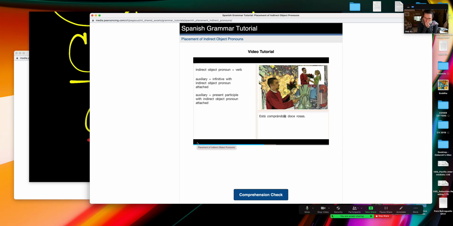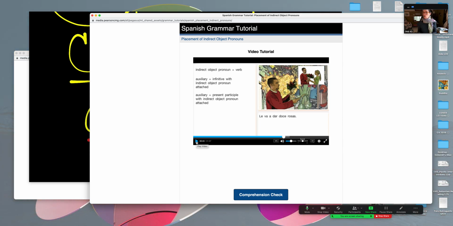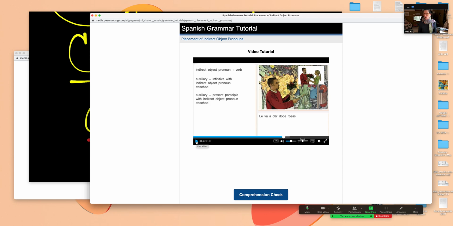Attaching the pronoun to the infinitive or present participle is optional. The indirect object pronoun can also be placed just before the compound verb. So that reminded me about the optional. It is true, and a lot of my students ask me this question, and I want you to know that you usually ask me when we're in class, which one do I use, which one is correct. They're both correct. We use them randomly.